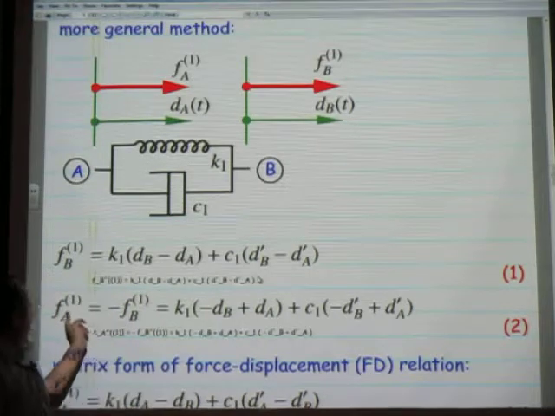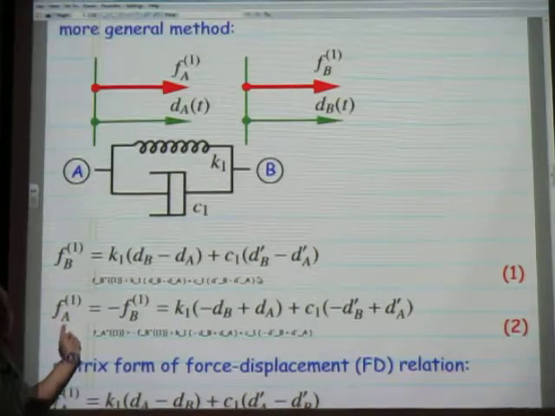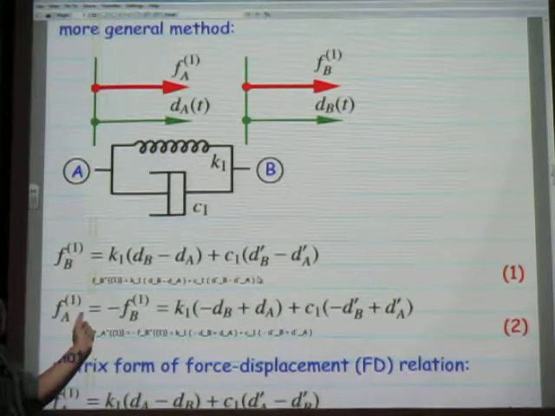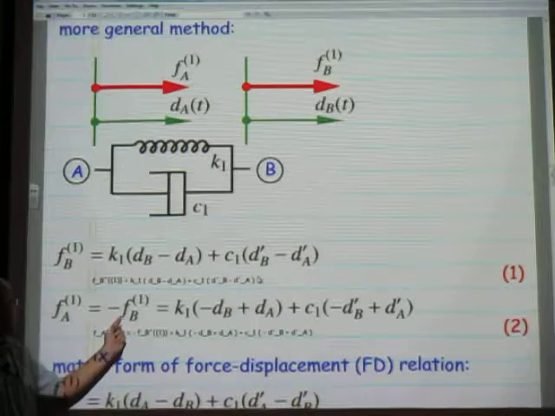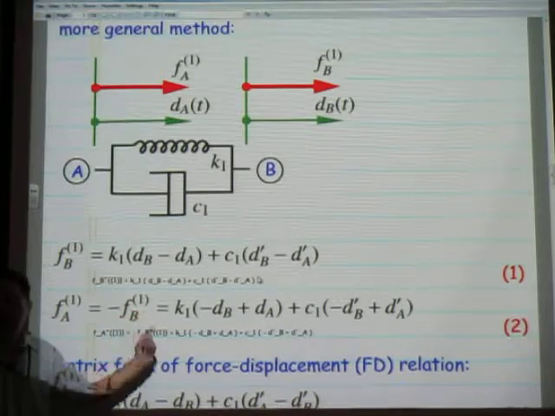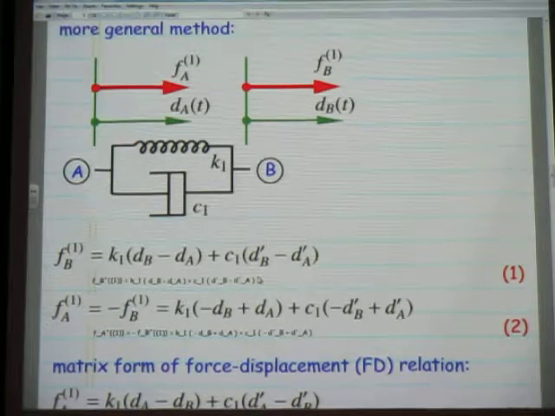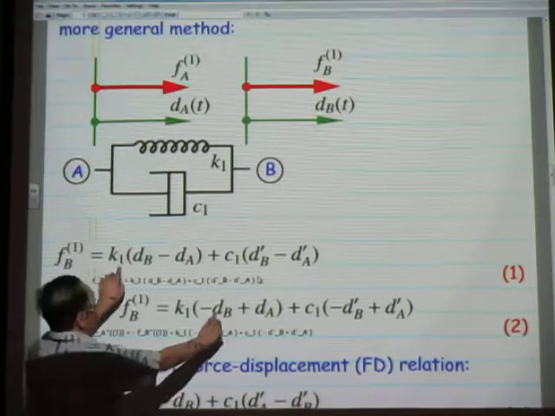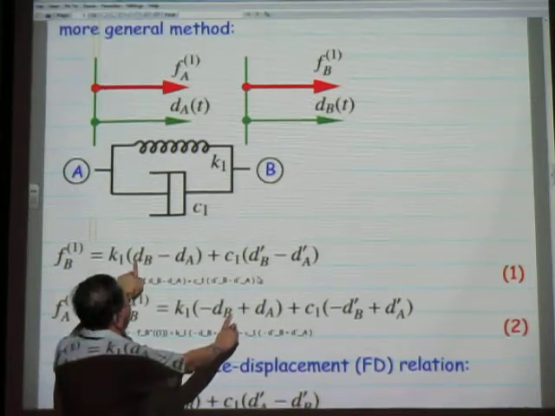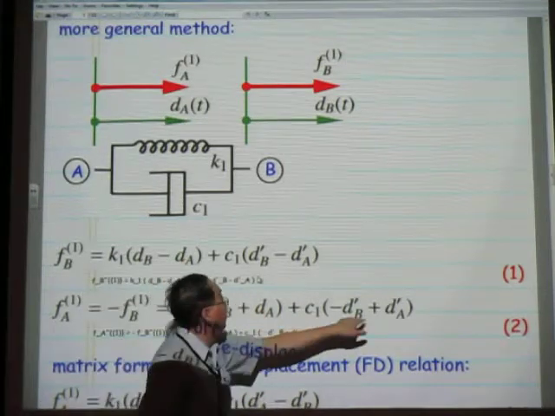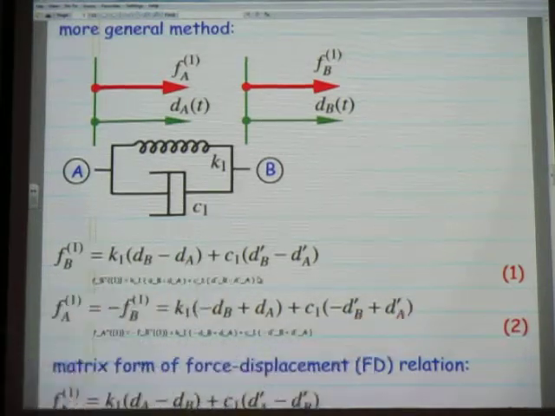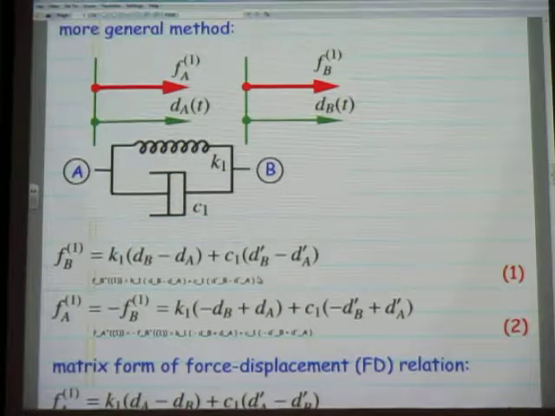So therefore the internal force at point A of element 1 is opposite in direction to the internal force at B of the same element 1. That's what it means. And so here you just have minus dB instead of plus dB, and plus dA instead of minus dA, and the same thing for the derivative.